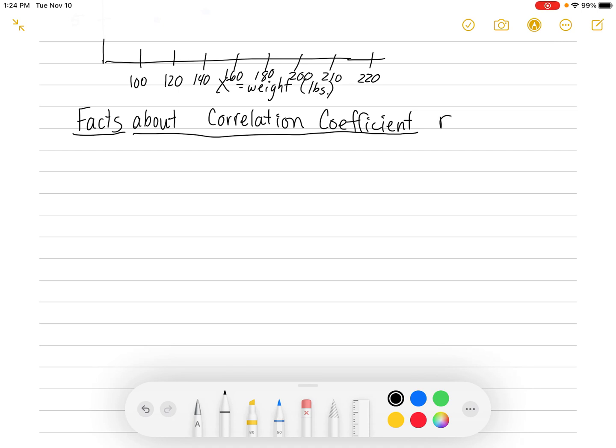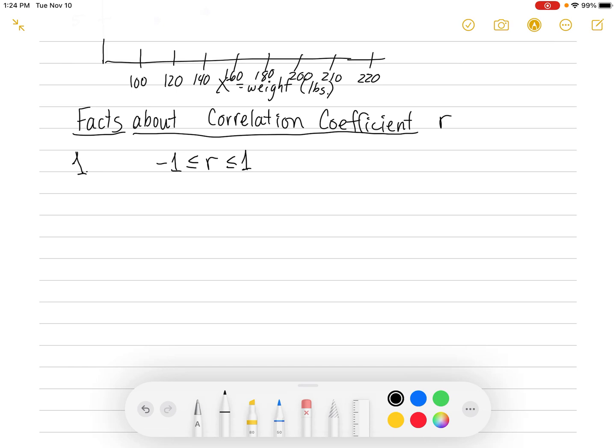number one, R is always between -1 and +1. The correlation coefficient is always between -1 and +1.